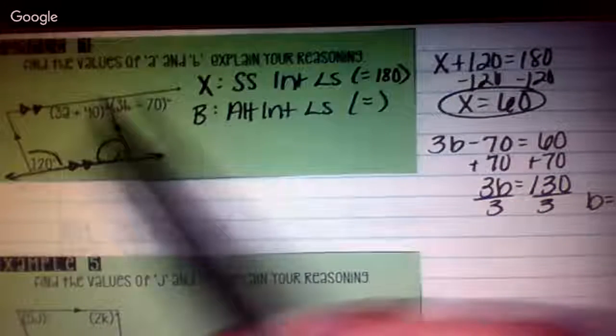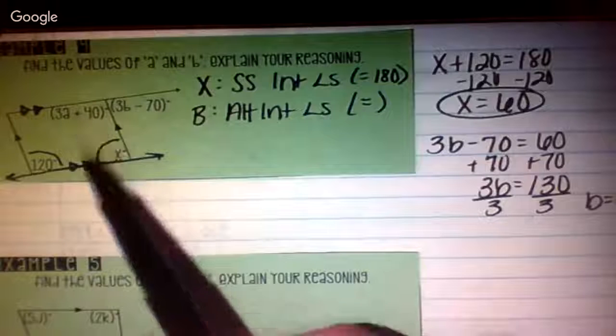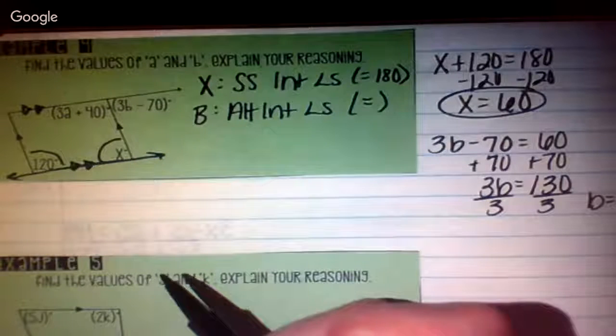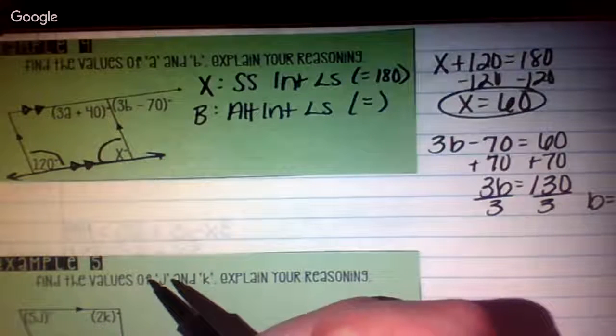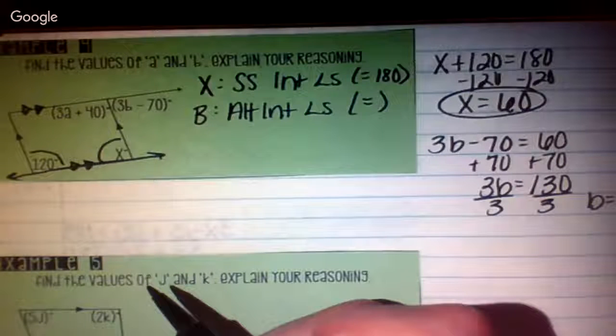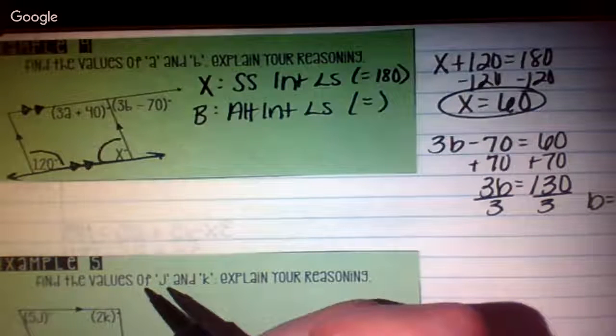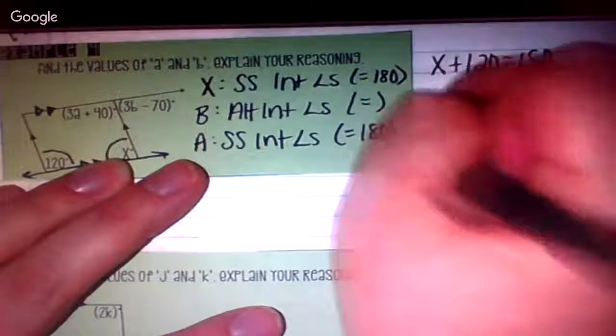What relationship do we have between A and X? Interior, sure. They're still interiors, but this time they're same side. They're both on the left. So to solve for A, these are same side interior angles, which means they add up to 180.